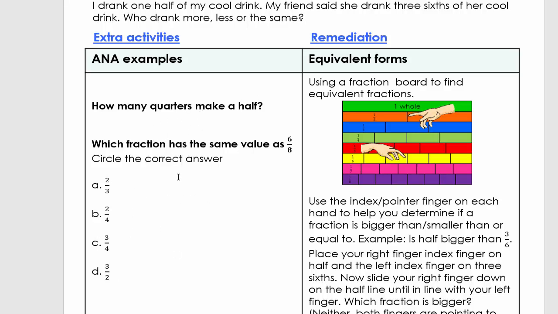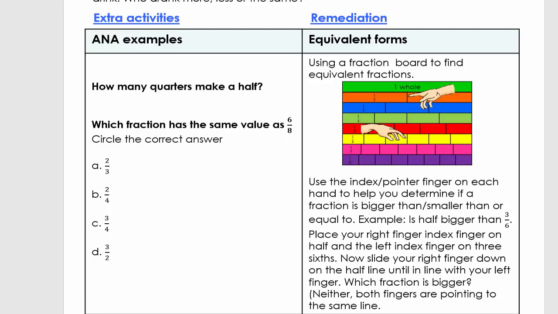These activities are always coming from old exam or test papers. Then the remediation is for those that struggled a bit with the fractions. Here is an example again, and very important again is to make use of your fraction wall chart.